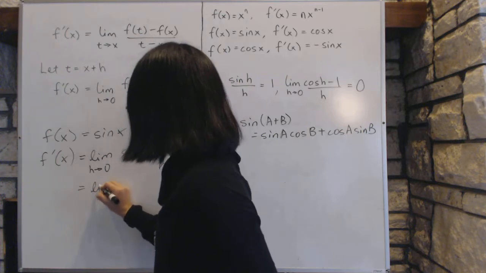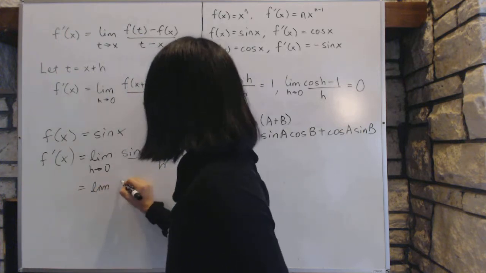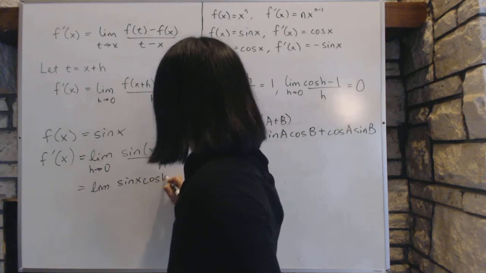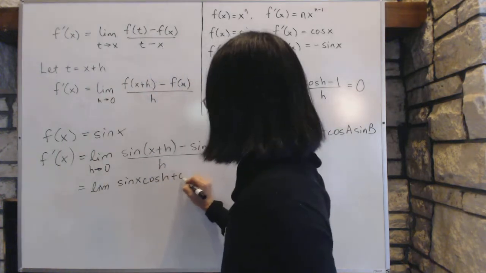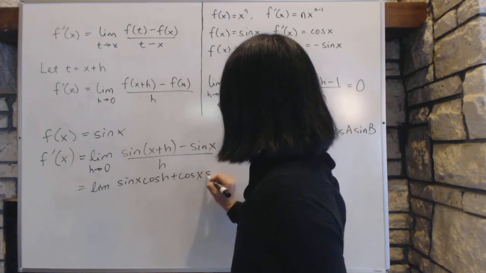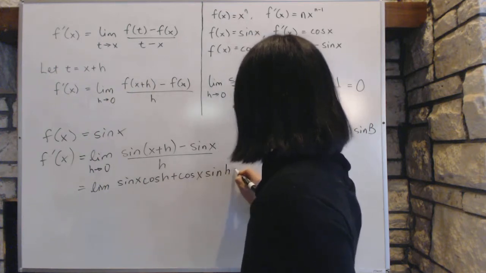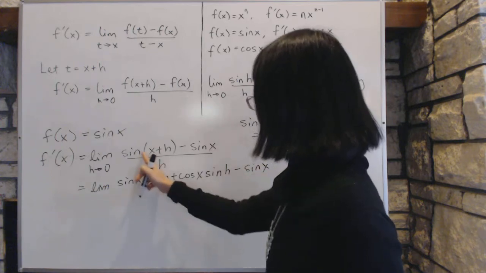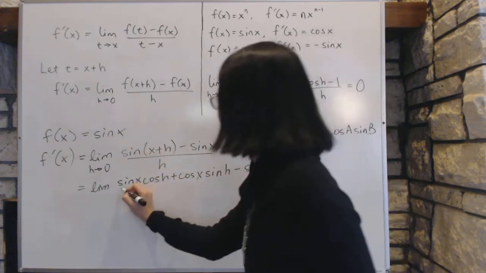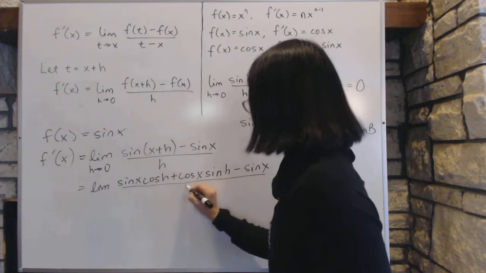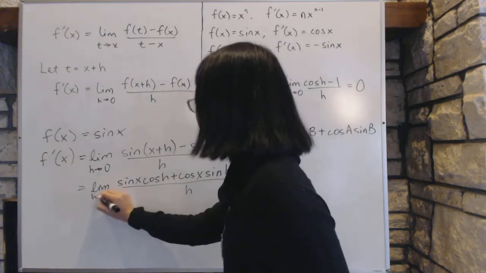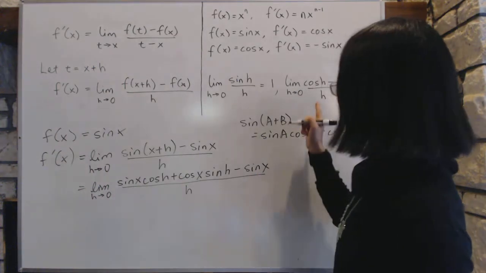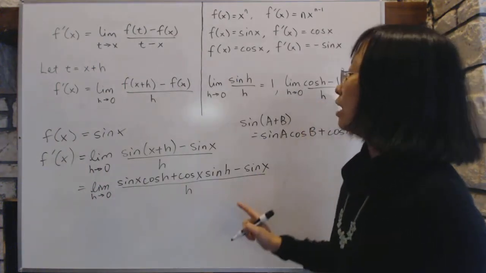So that equals the limit as h goes to 0 of sine x cosine h plus cosine x sine h minus the sine x here. That's the first bunch, and then copy down the rest of it, all divided by h as h goes to 0. And then we are going to use this formula right here.